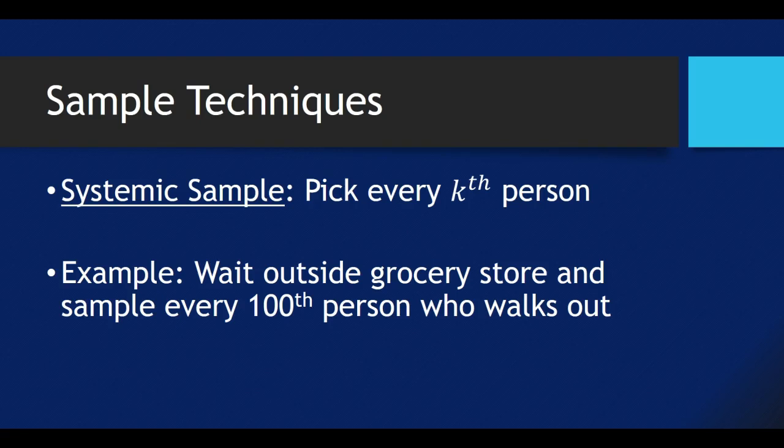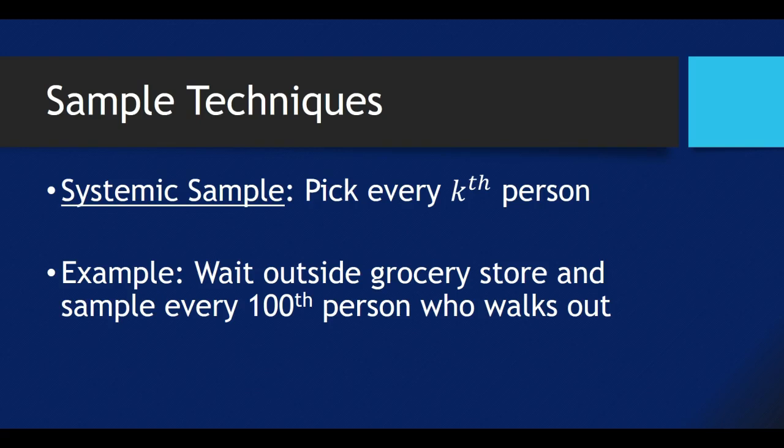Even though random samples are sort of the best case scenario that we can get, a random sample would be extremely hard to get in terms of seeing what people bought at the grocery store, because we'd have to collect everybody's name who went into that grocery store. Then we'd have to put them into a computer or write everybody's name down and put it into a big hat, and then we'd have to pick samples from there. So a systemic sample makes it a lot more efficient.